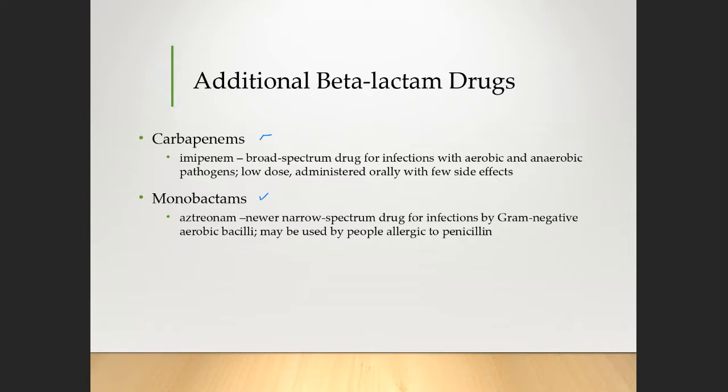So the drugs used for cell wall destruction are mostly more effective against gram-positive bacteria. But again, the broad spectrum types of penicillin and cephalosporin are also able to destroy the cell wall of gram-negative bacteria.